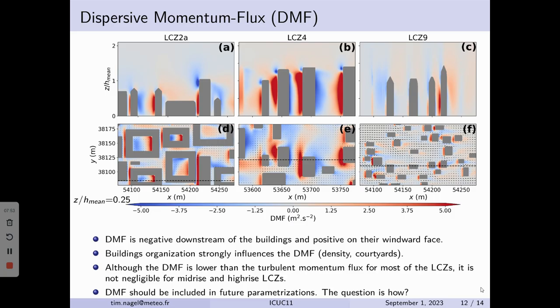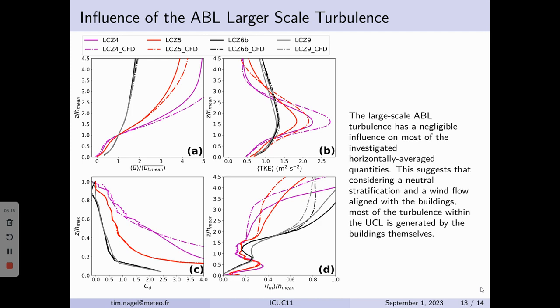So it's really negative downstream of the buildings and positive windward of the buildings. And it strongly depends on how the buildings are organized, for example courtyard or high-rise buildings. And so it is lower than the turbulent momentum flux for most of the local climate zones, but it's not negligible for the mid-rise and high-rise, so it might be included in future parametrizations.